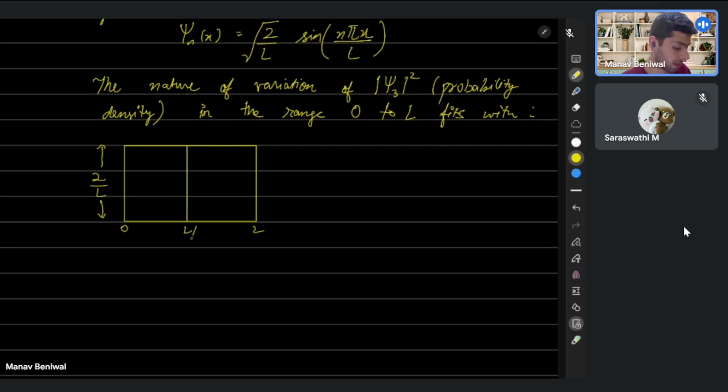Let me draw one more line at L by 2, one more at L by 4, and finally one more at 3L by 4. Now let me copy this thing.